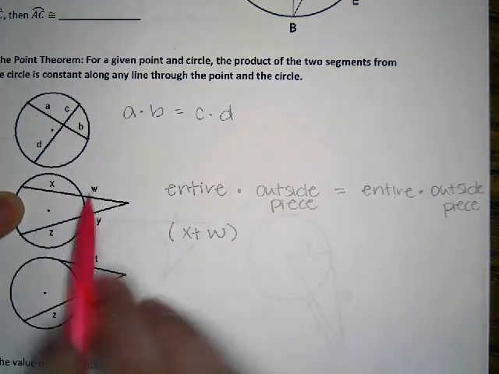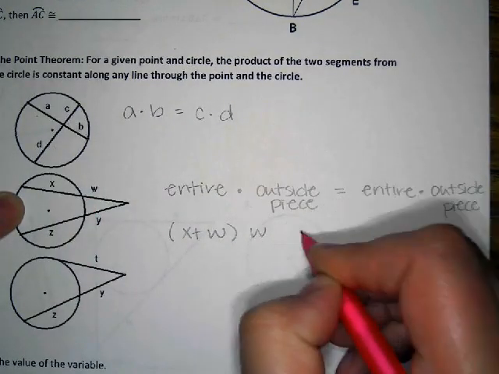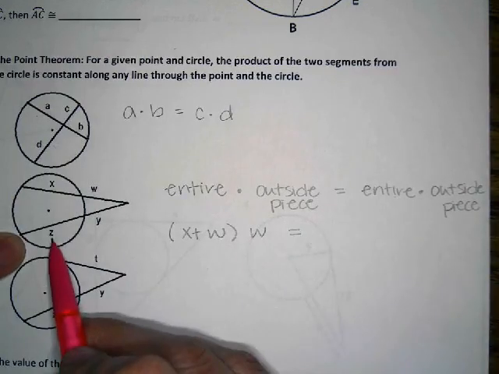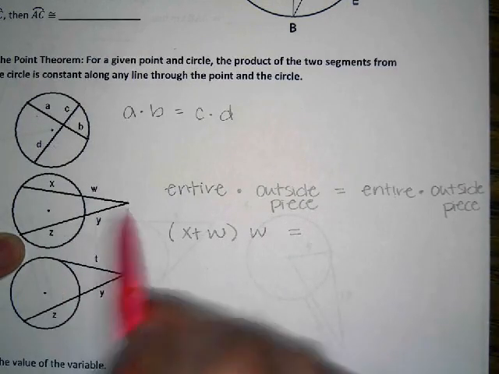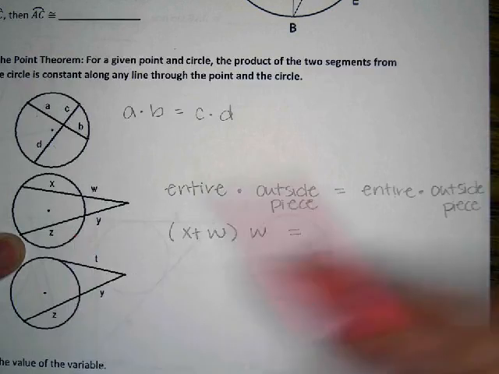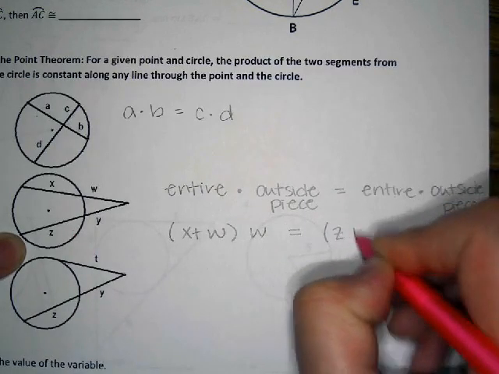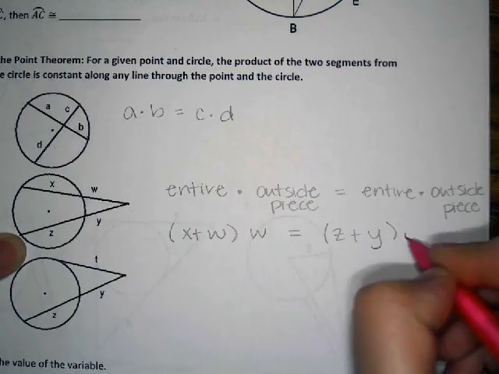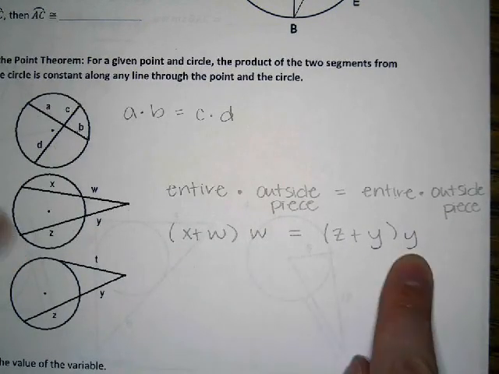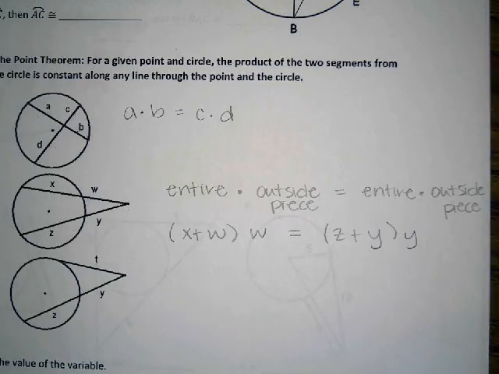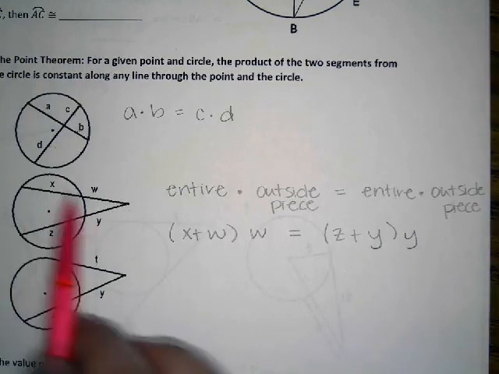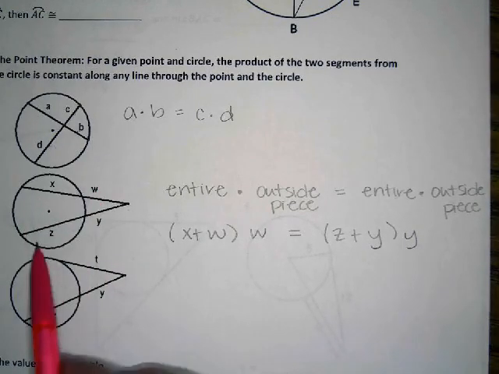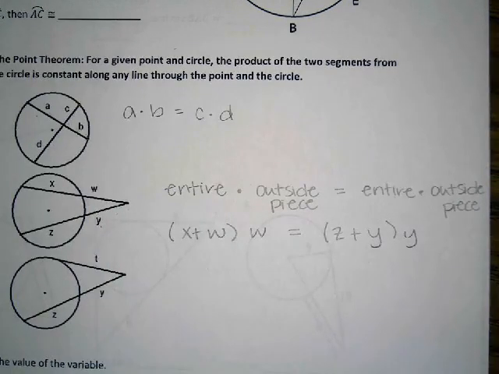And then for this one, the entire length is z plus y, and the outside piece is the y. So when I write it with the letters, it looks really complicated, but it's actually not. It's just the entire length times the outside, the entire length times the outside. Okay? So now let's try that with some of the problems that are like this.